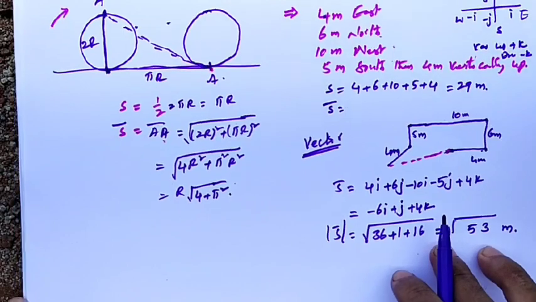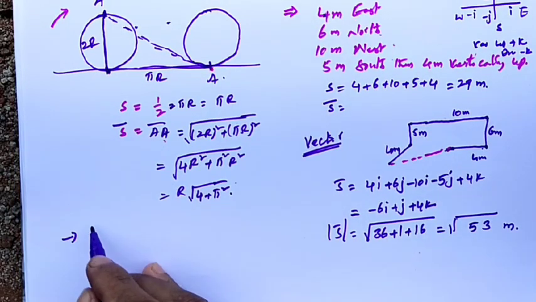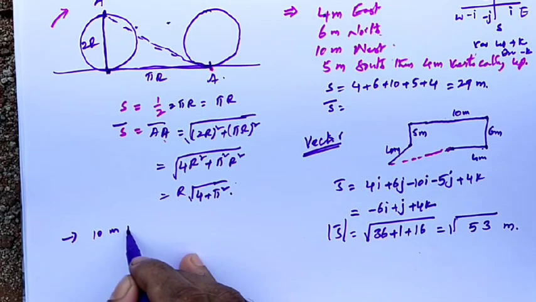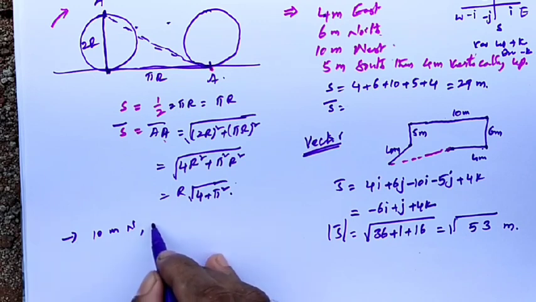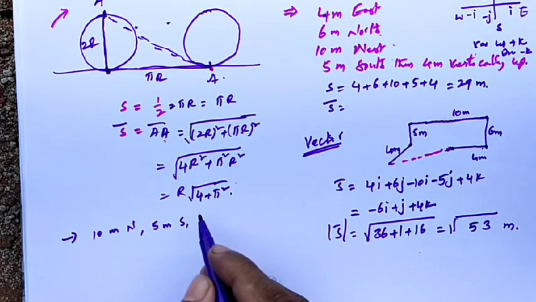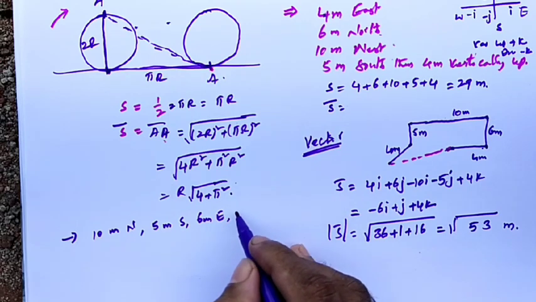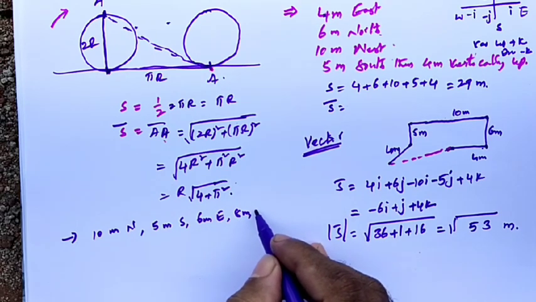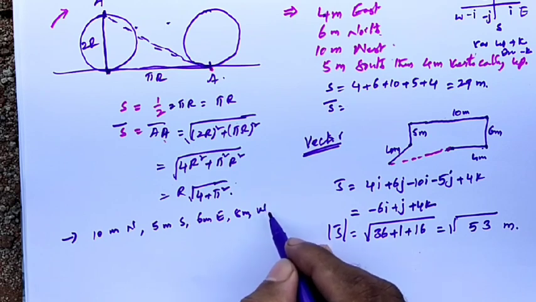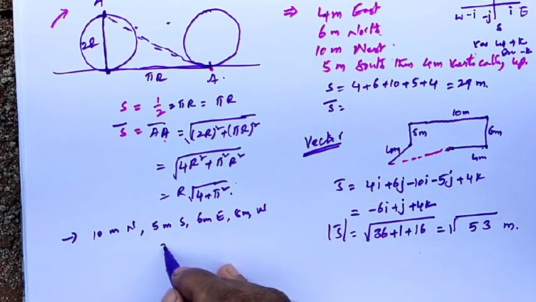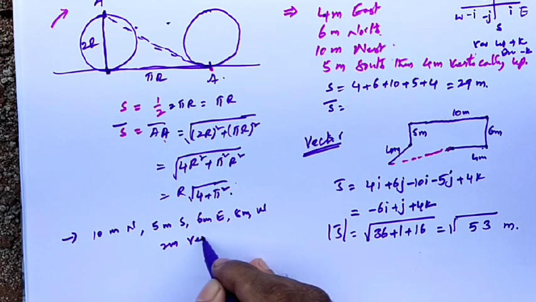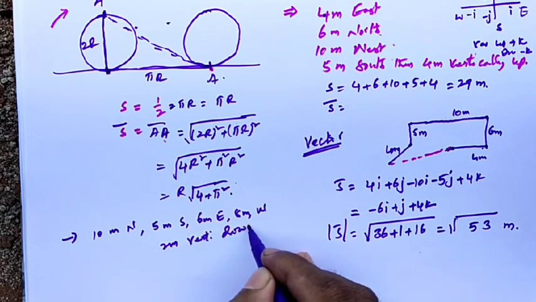Now let us see for your practice one more example. A man moves 10 meters north, okay, then 5 meters south, then 6 meters east, and then 8 meters west, then 2 meters vertically down.